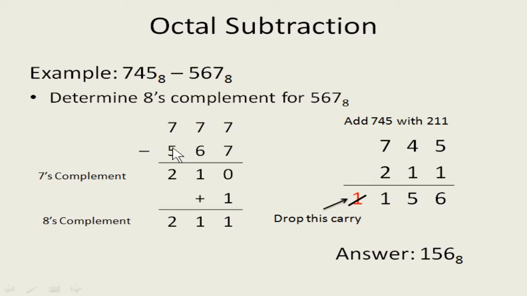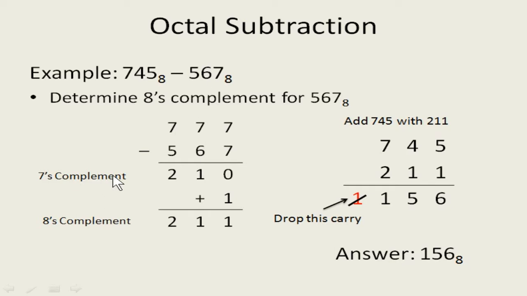Same way here you subtract from 7 so that you get the 7's complement. Write 7s on top, and below that write 5 6 7. So 7 minus 7 is 0, 7 minus 6 is 1, 7 minus 5 is 2. So 210 is the 7's complement representation.